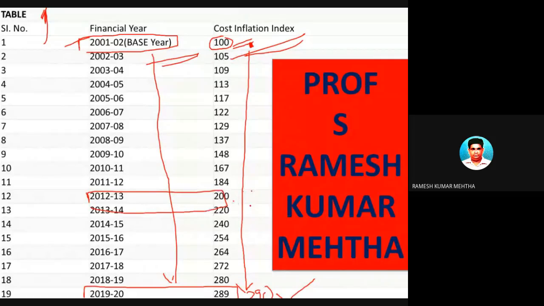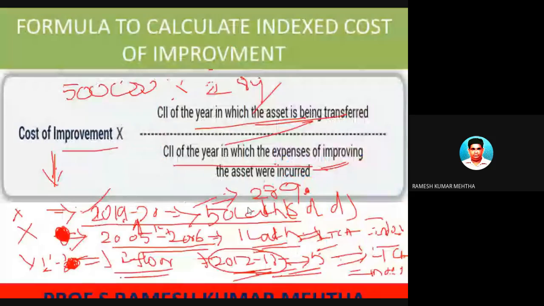Here it is 200, so divide by 200. If you calculate, you will get 7 lakh rupees. So this is the index cost of improvement.